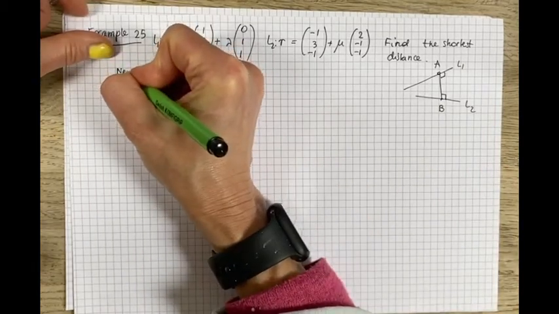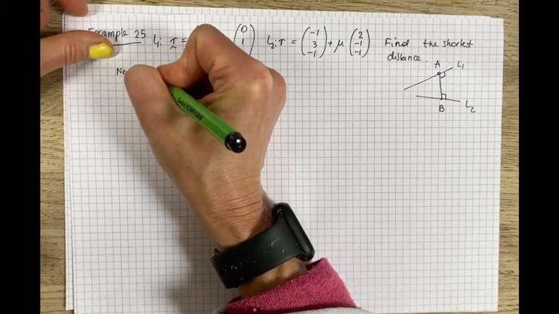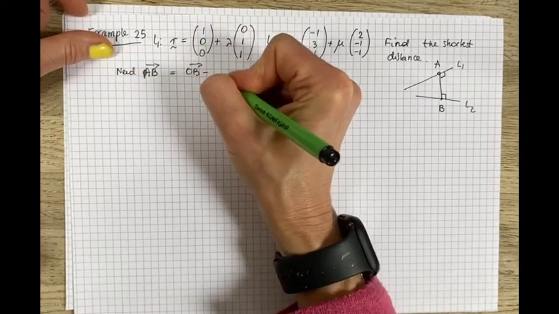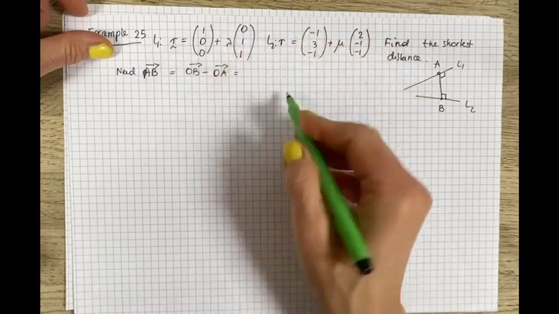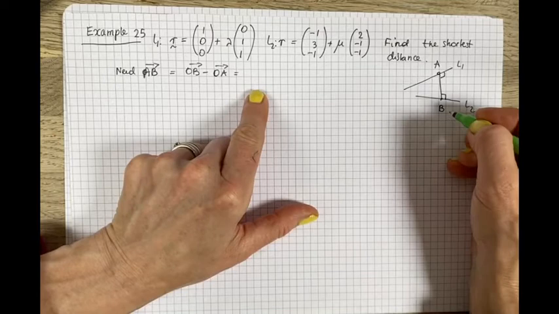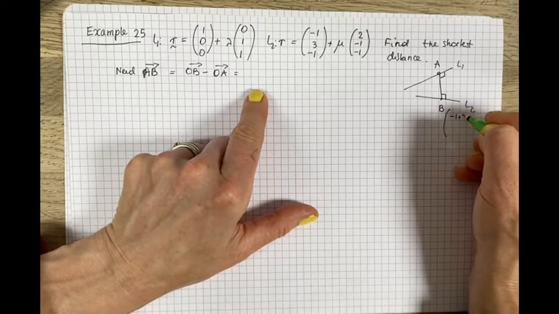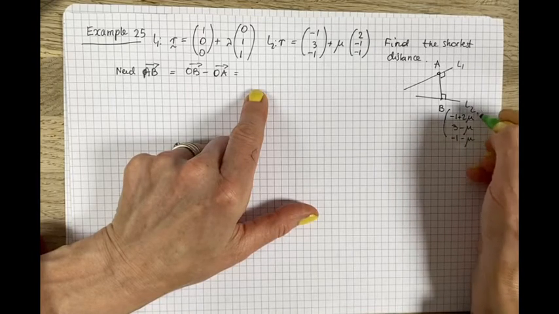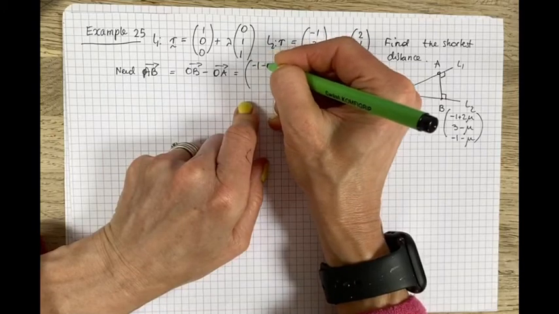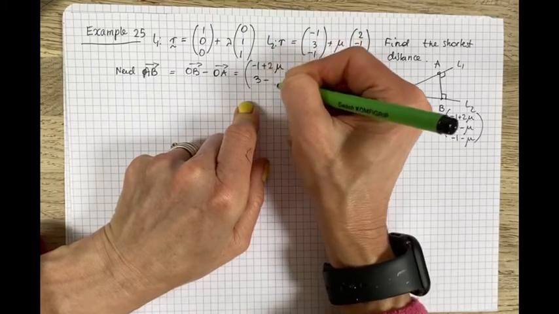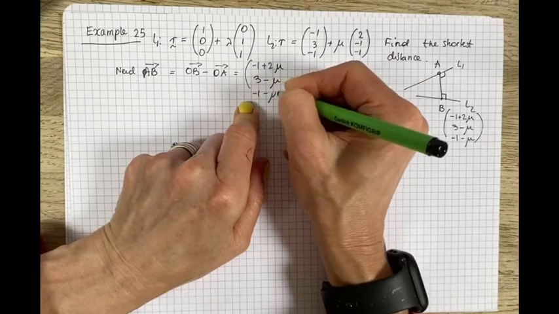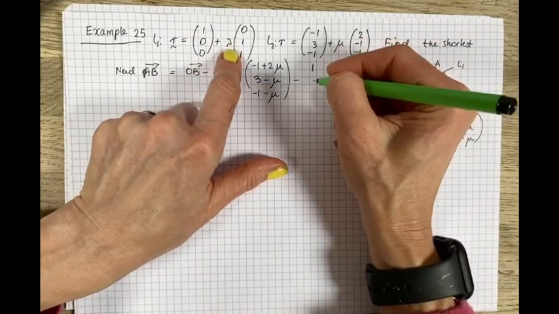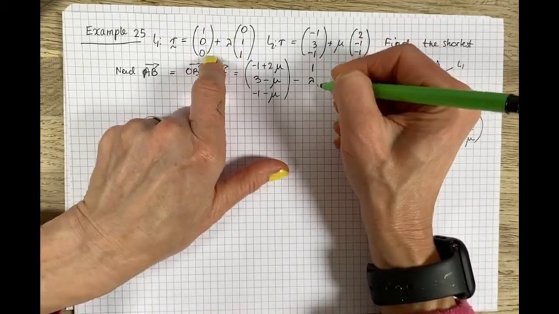So we need AB first of all. It's going to be OB minus OA. And OB, it's the point, so it's going to be minus 1 plus 2 mu, 3 minus mu, minus 1 minus mu, minus point A, which is 1 plus 0 lambda, 0 plus 1 lambda, 0 plus lambda.